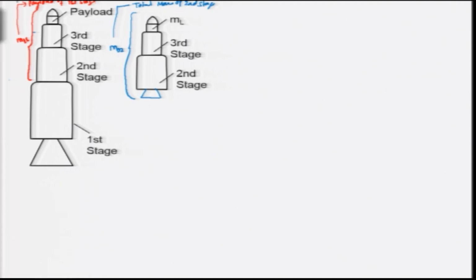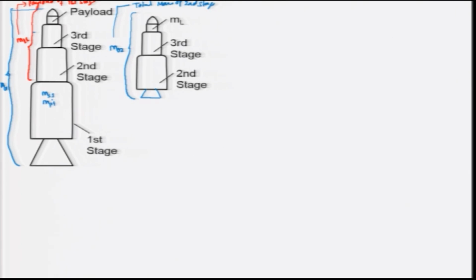And as I told earlier, this total mass starting from here is your m01. When you include this, for the first stage, it consists of structural mass and propellant mass of the first stage.